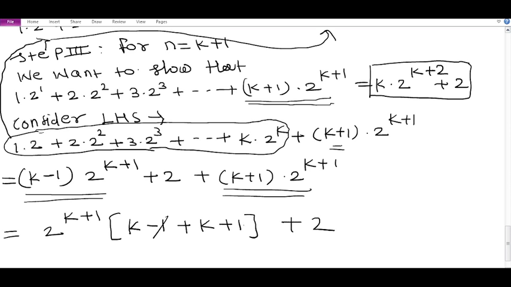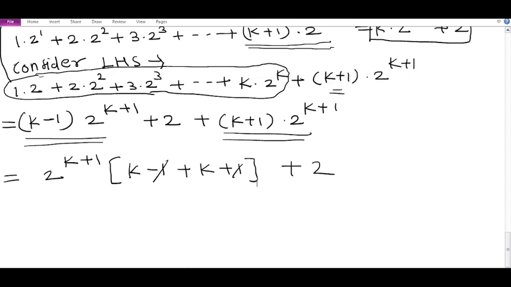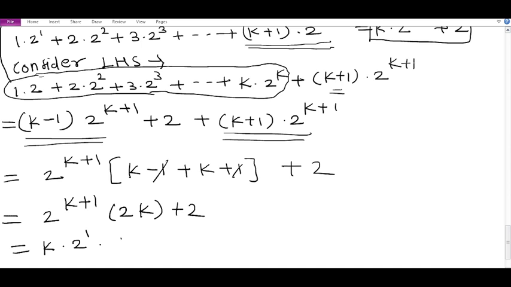So this plus 1 minus 1 will get cancelled, and this is equal to 2 raised to (k plus 1) into (twice k) plus 2. Now we can write this as k into 2 raised to 1 into 2 raised to (k plus 1) plus 2.